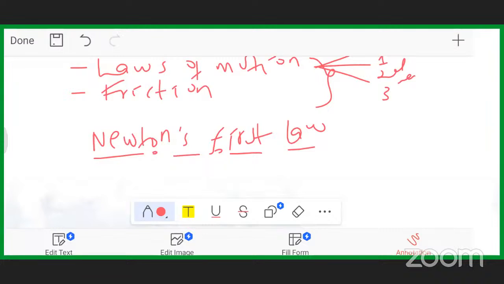And by the way, another interesting thing is that for those who know how to cycle, if you are cycling and already in motion, and you don't apply any force, let's say the brake, and assuming that there's no friction at all, you can move that bike forever. Are you aware of that?